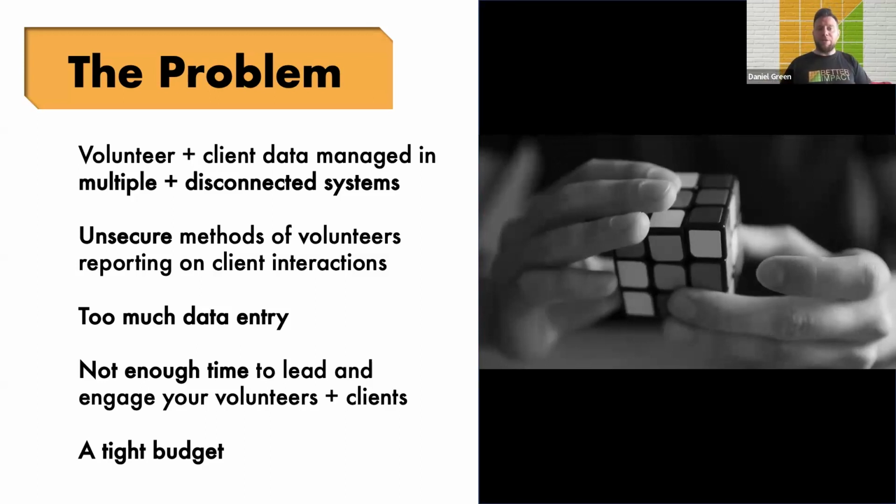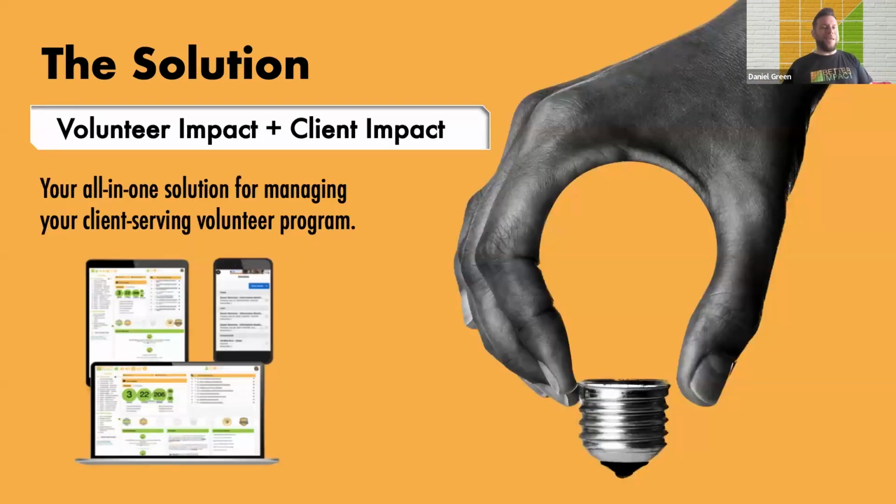It could be too much data entry, not enough time to lead and engage your volunteers and clients, or maybe you're working with a tight budget. Well, hopefully Better Impact has the solution. Volunteer Impact is a top-rated solution and Client Impact is an optional module add-on, where both seek to bring your volunteer and client management efforts into one platform.